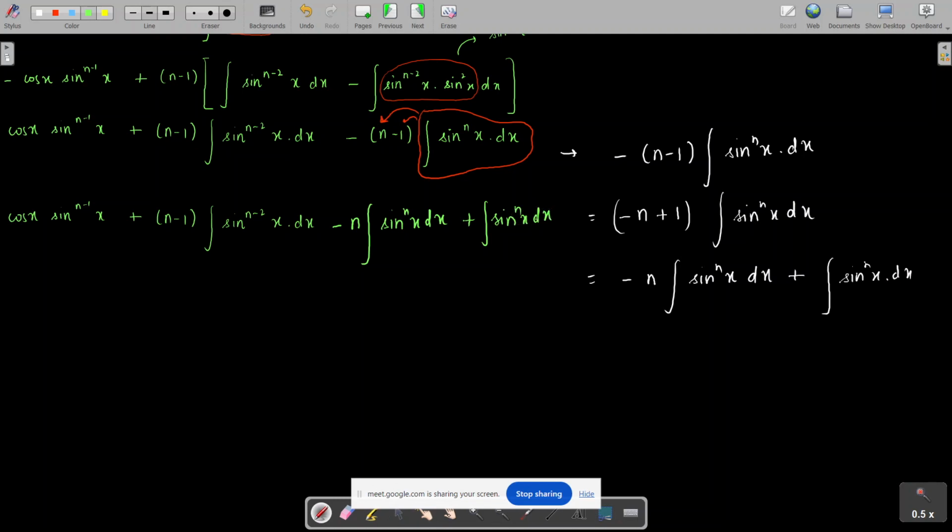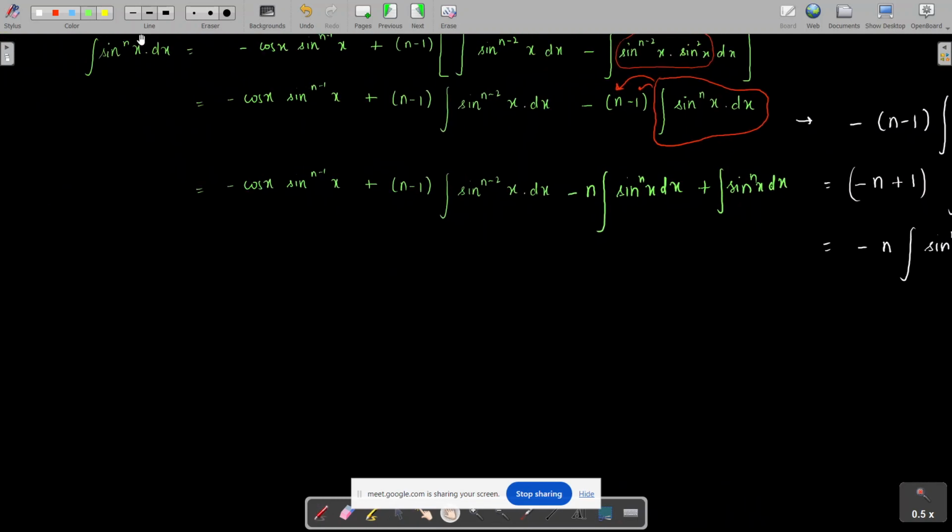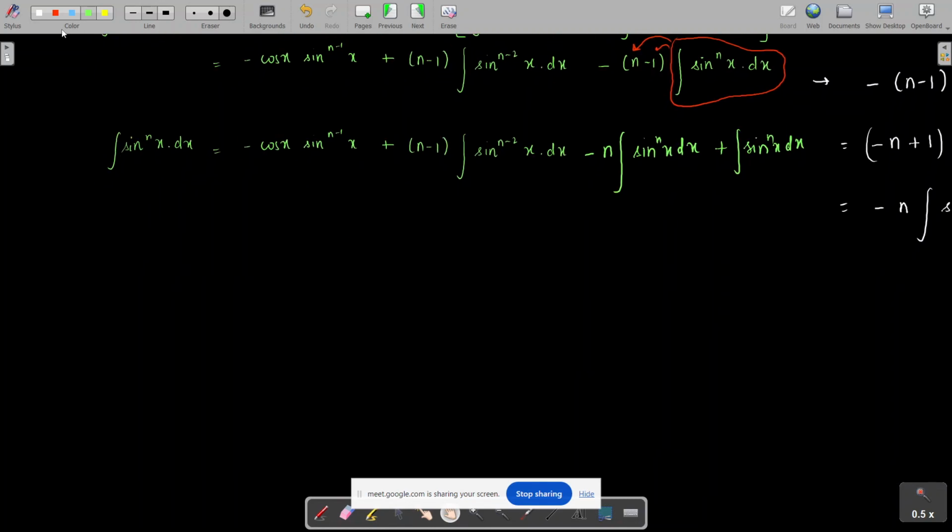Now what do we have on the left hand side? On the left hand side we have this thing. So this and this will cancel out. If you subtract this exact term on both the sides, we can cancel this out, sine nx, sine nx. And then we are left with this.